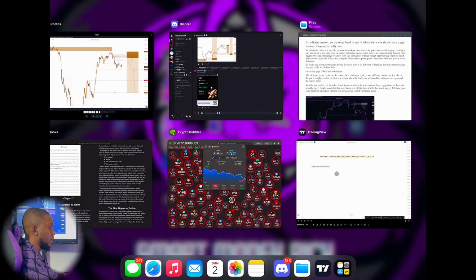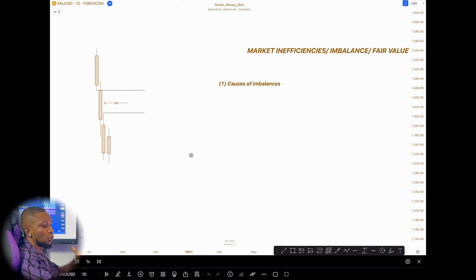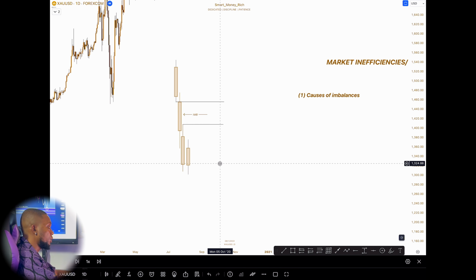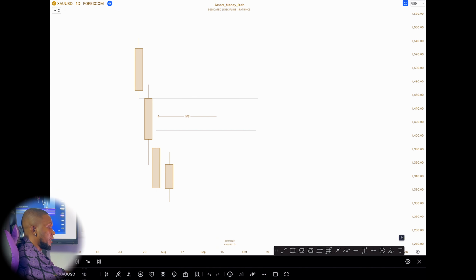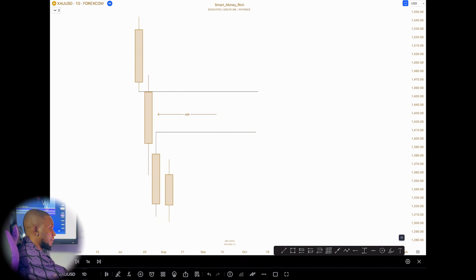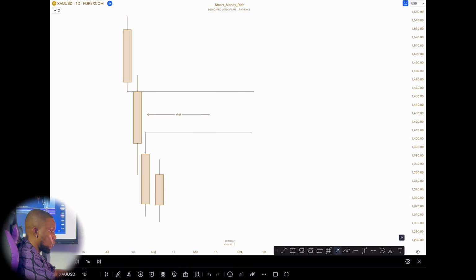So right here we are on the chart. Now, how to spot imbalance? That's what we'll be talking about right now. If you see what's on my chart right now, you will see that I have candle 1 right here.